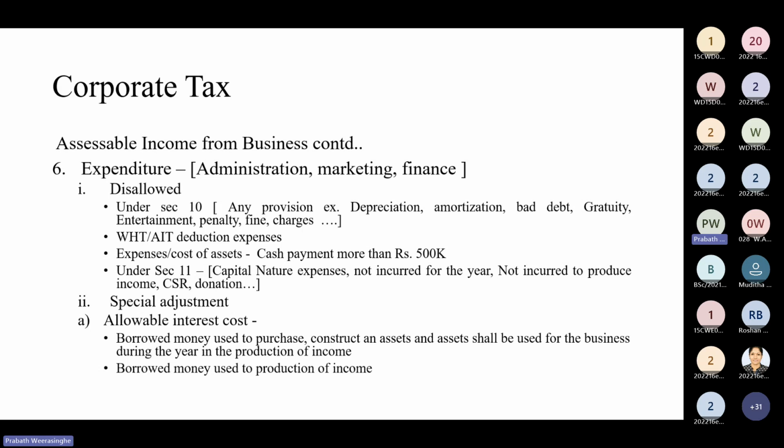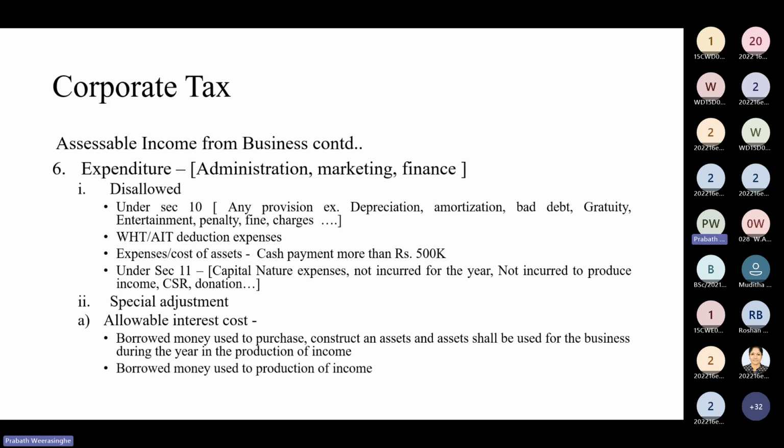So give concentration to these things, so that they are disallowable expenditure, right? We did one or two questions on that, where we discussed this type of thing. Thereafter, section 11 directly says capital expenditure we cannot deduct.